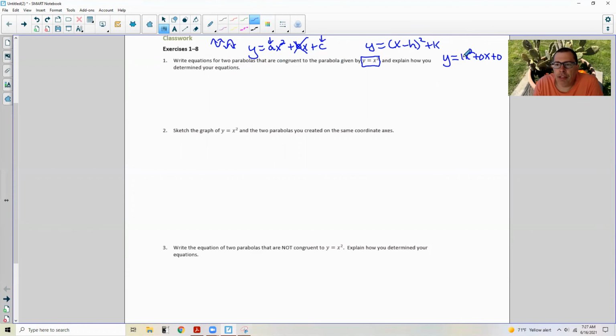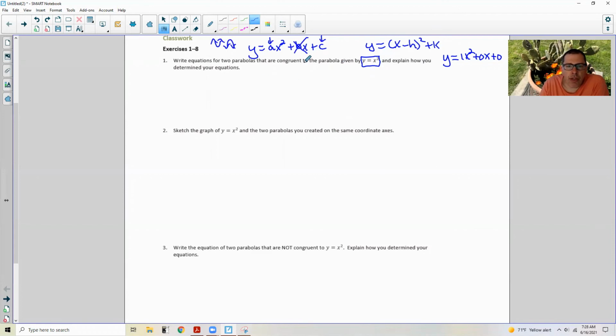So we have the multiplicative identity and the additive identity giving us the parent function. Okay? So that's the most basic. And if I make any changes to that, it's going to shift it up, down, left, right, or we can change how quickly it grows and that kind of thing, which is the linear term is going to change.